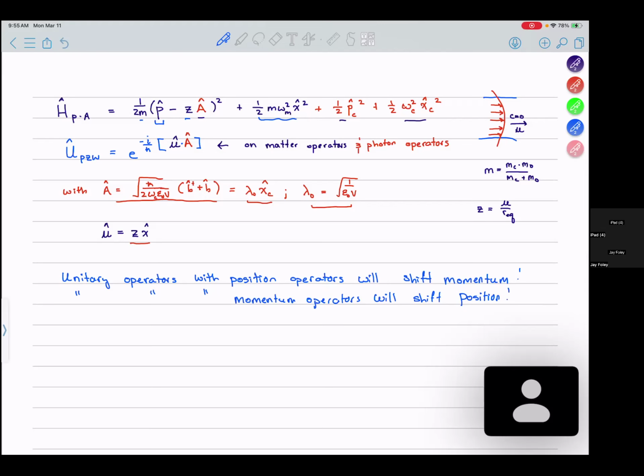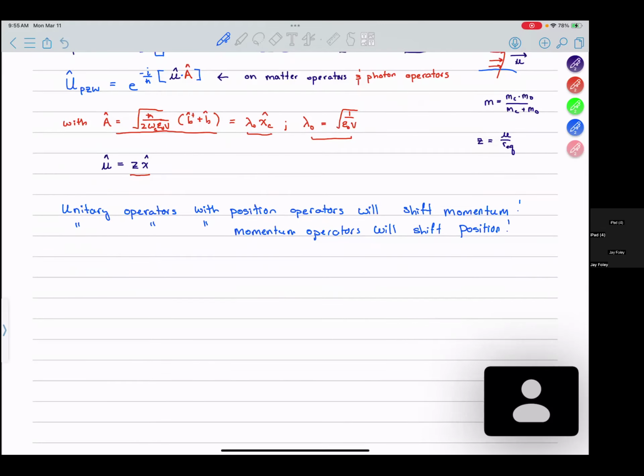Okay, so remember, I made this statement that I can always write a unitary operator as an exponential of i times a Hermitian operator. So what I'm going to do in this case is I'm going to do one other thing. I'm going to just do this i over h bar.